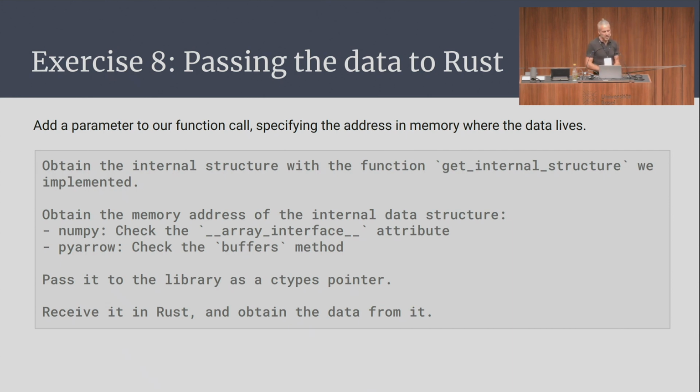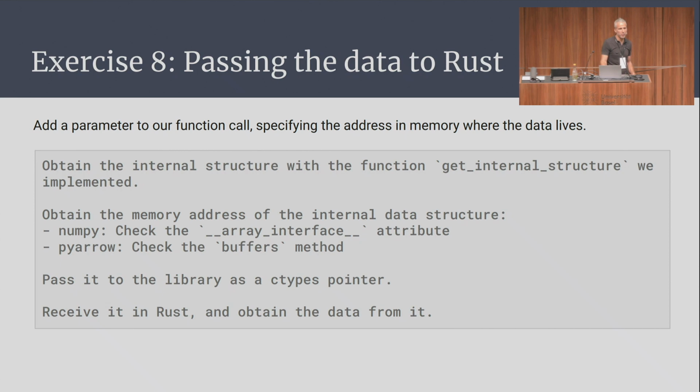The general idea is that I use this get internal data to get close to the memory representation. And when we are close, and I'm going to focus on NumPy, we have a way to extract the location in memory of this array. This is what I want to send to Rust.